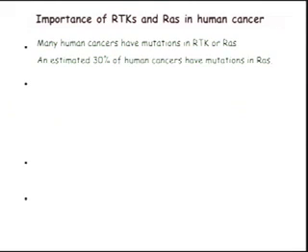And therefore, when you have cancer, many times this pathway is turned on constitutively. And the way the cancer cells turn on these pathways is by introducing mutations. So the major targets of mutations are in the RTK itself or in the RAS. About 30% of human cancers that we know of nowadays have mutations in RAS, and that results in its constitutive activation.